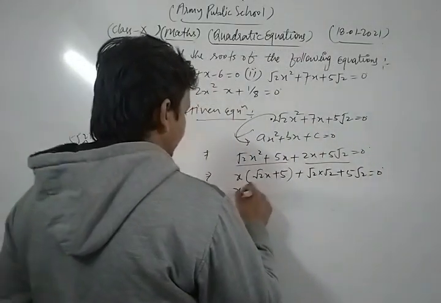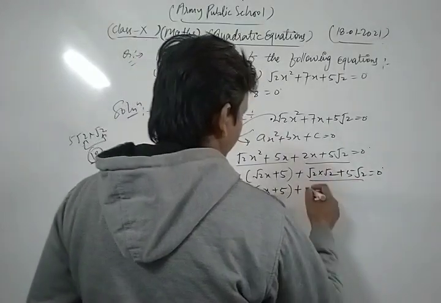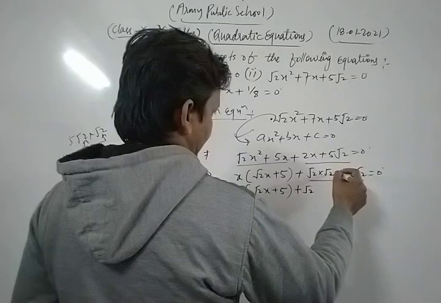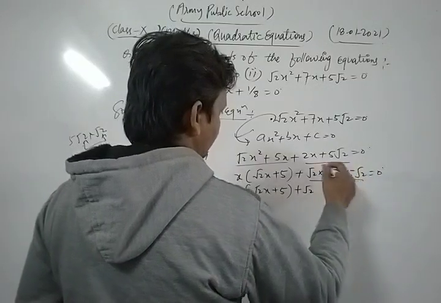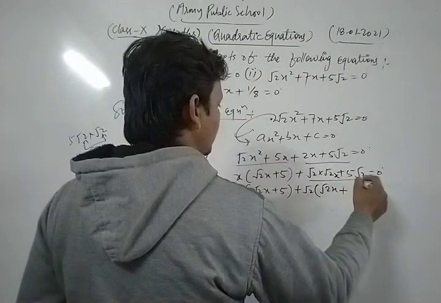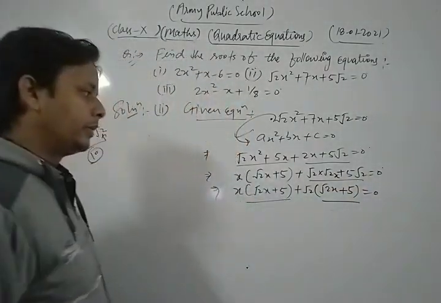Now we write x(√2x + 5) plus here we take √2 as common, and x is written as it is, so we get √2(√2x + 5).